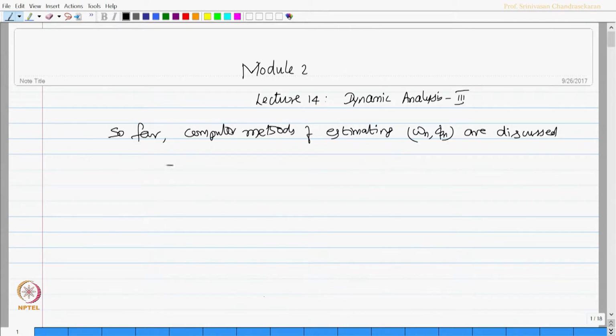We have discussed classical eigensolver method, we have discussed influence coefficient method, we have discussed stored loss method. All are easily programmable.